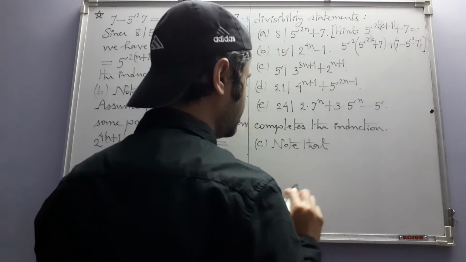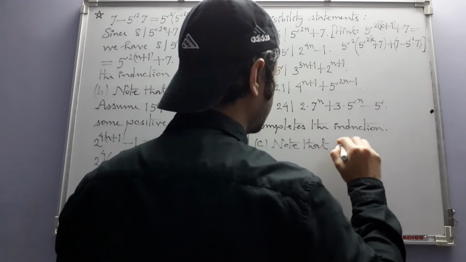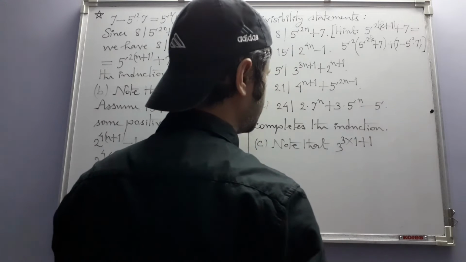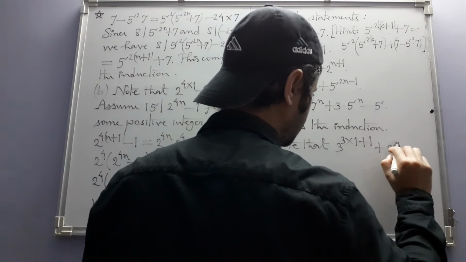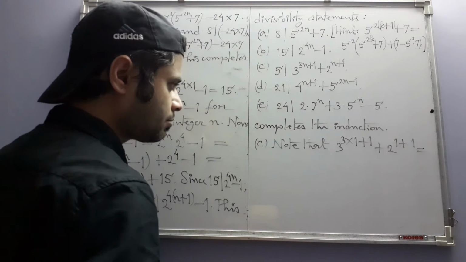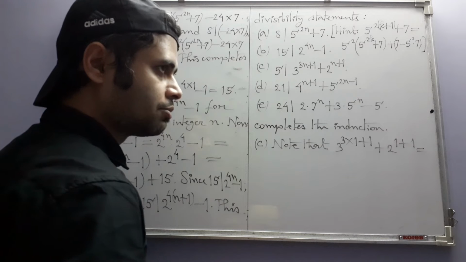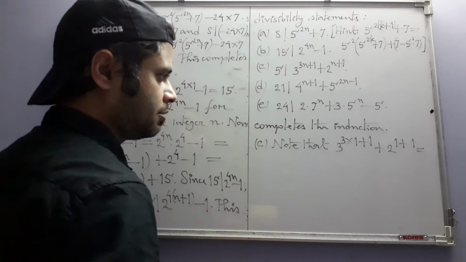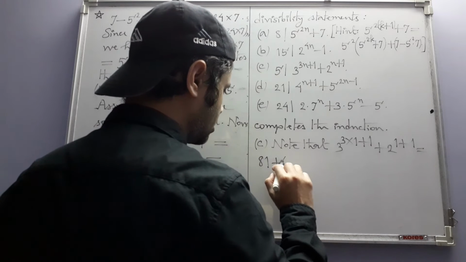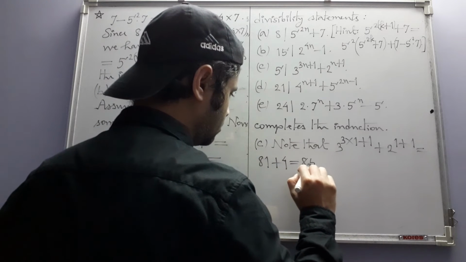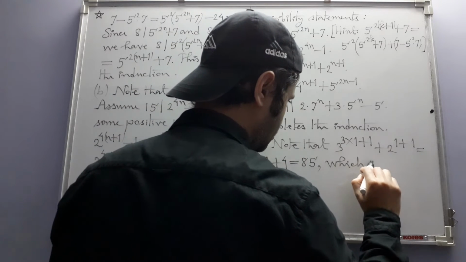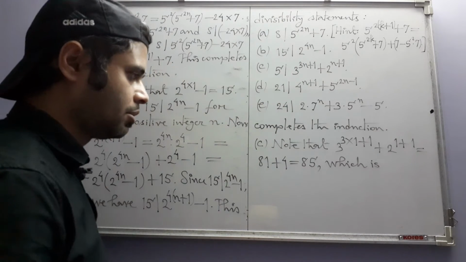So when we put n equal to 1, we get what? 3 to the power 3 times 1 plus 1 plus 2 to the power 1 plus 1 equal to 3 to the power 4. 3, 9, 27, 81 plus 2 square is 4, 85, which is, okay, the power has come back.